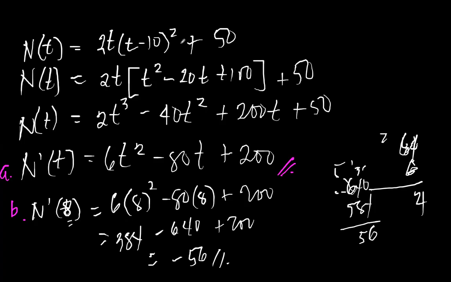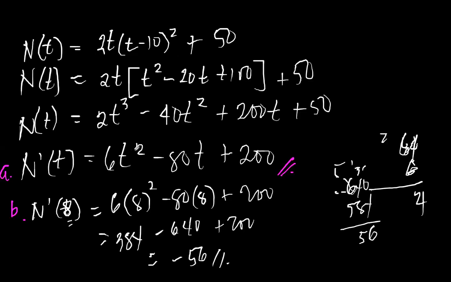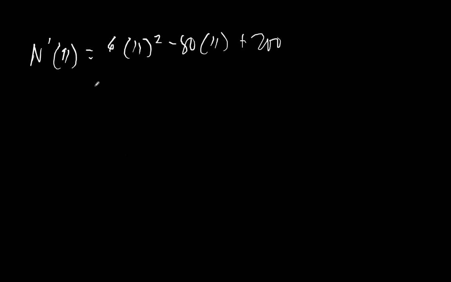Now let's move on to when the time is equal to 11. So n prime of 11 is equal to 6 times 11 squared minus 8 times 11 plus 200. 11 squared is 121, 121 times 6 is 726, minus 88 plus 200.